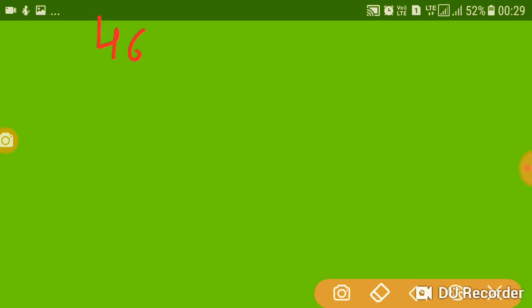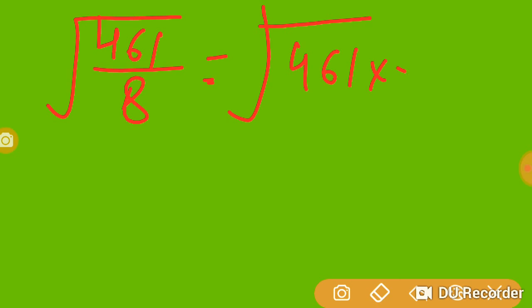Next example is to find the square root of 461 by 8. In this case, we multiply 461 by 2 in the numerator and denominator both.